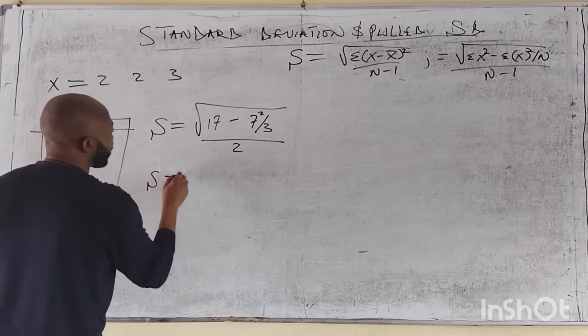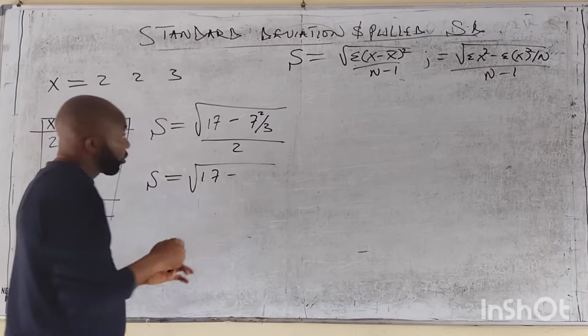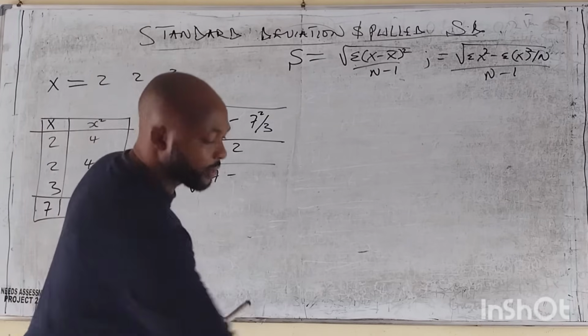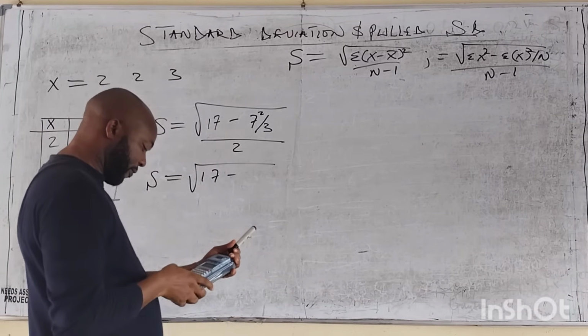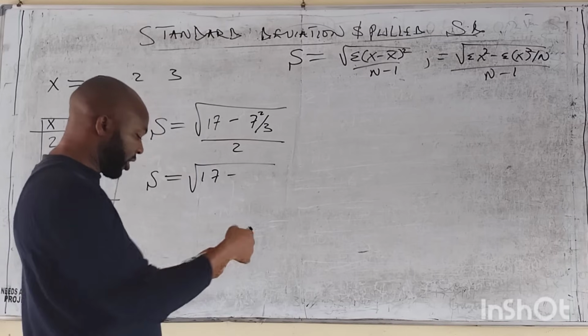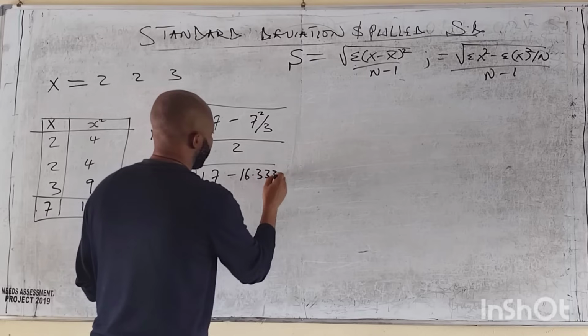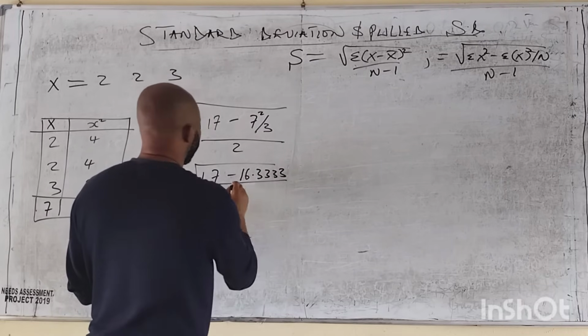So my s for standard deviation now becomes 17 minus 49 divided by 3. I have 49 divided by 3, which is 16.3333. Let's take the variables over 2.